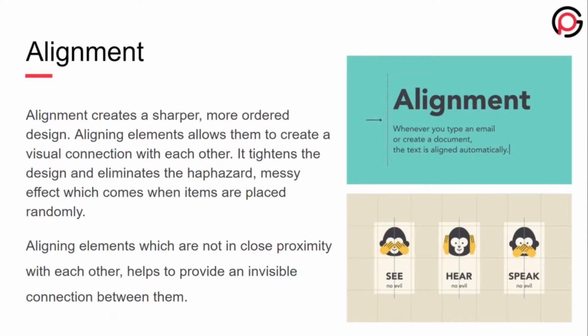We have an alignment tool in every software like Adobe Illustrator, InDesign, Photoshop, etc. Alignments create a sharper, more ordered design. It eliminates the messy effect and increases the readability of the layout.